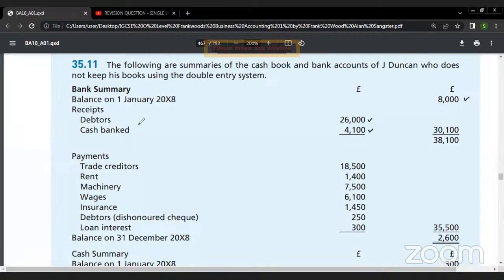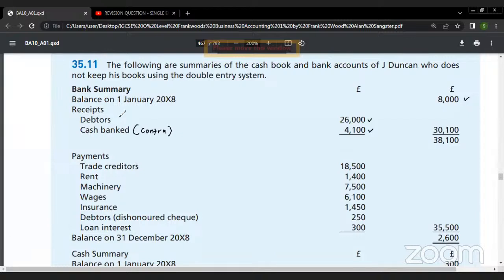Don't forget that this cash banked is a contra entry. Whenever you bank cash, that is a contra, so you expect to see this even in your cash book, in the credit column of the cash book.